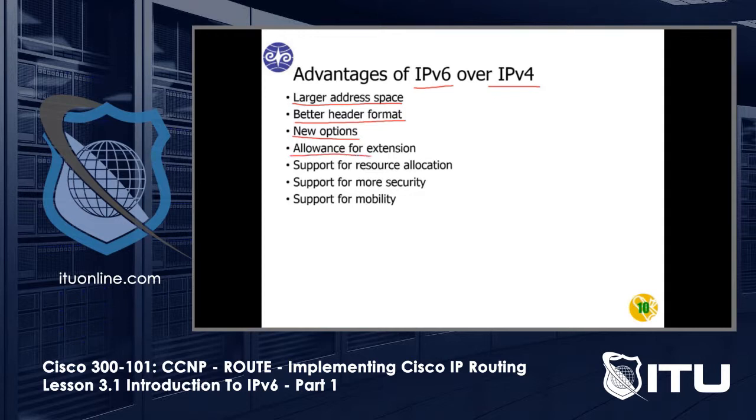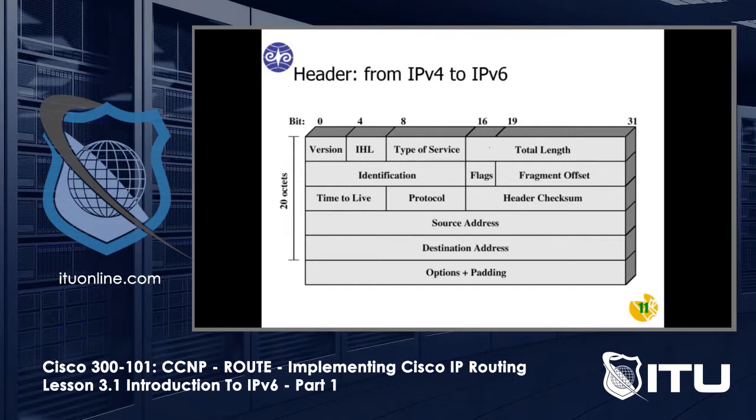There is an allowance for extension. The way it's been designed, it promotes the ability to extend IPv6 into the next generation, if you will. And there's support for resource allocation, substantially more security, and great support for mobile devices.